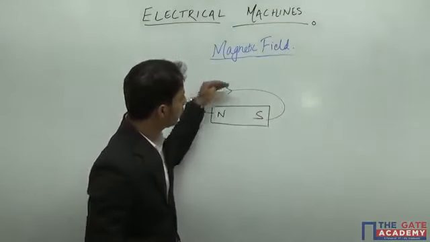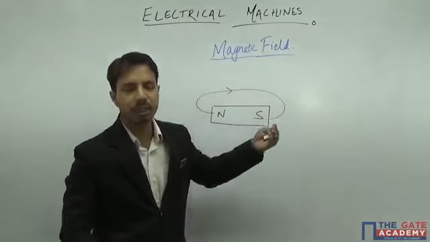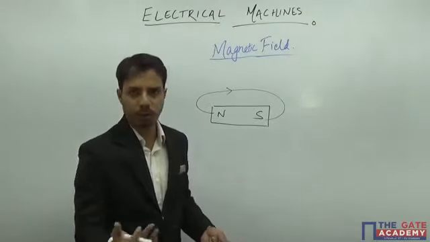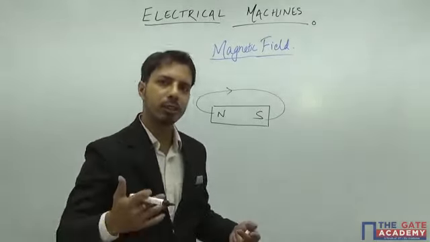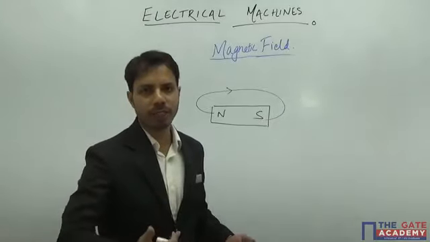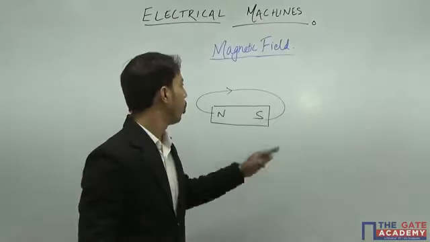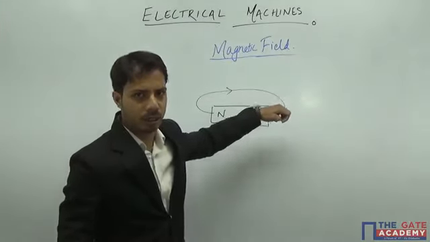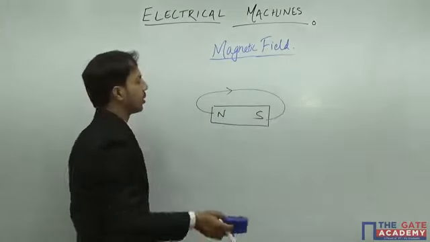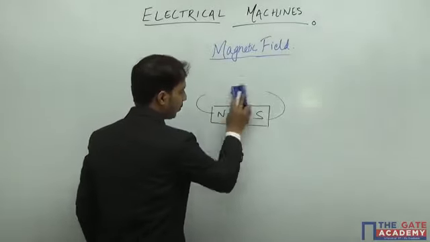Let us say this path has high reluctance. Now reluctance is something which will oppose the flow, similar to resistance. How resistance opposes the flow of current, similarly reluctance will oppose this flow of magnetic field, or we say flux.